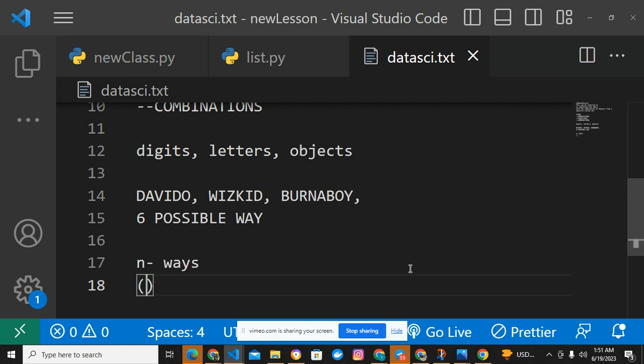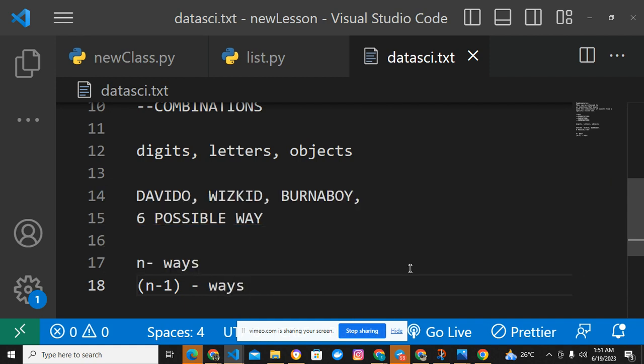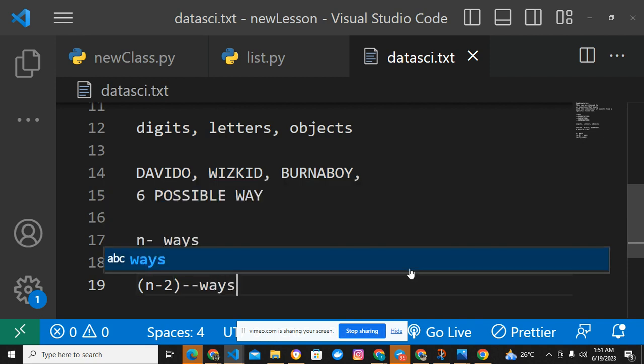Since we decide that the first winner will be n ways, the second person will be n minus 1 ways. And the third person will be n minus 2 ways.